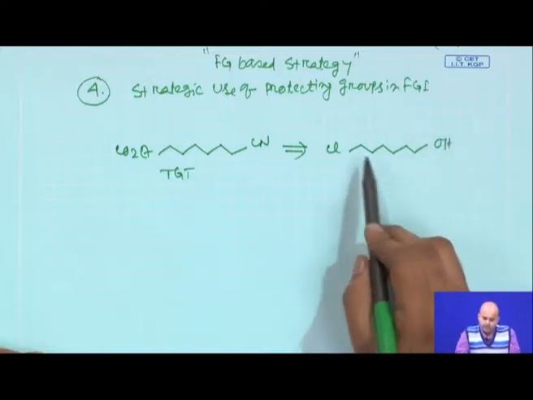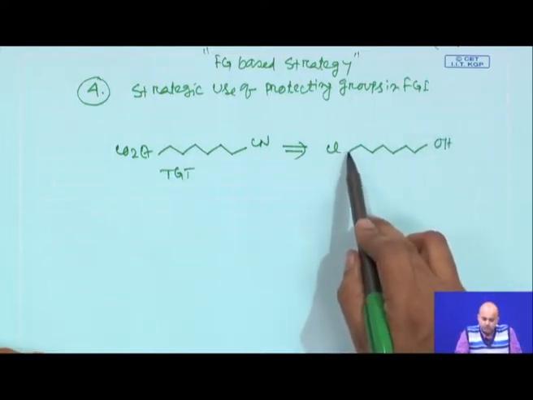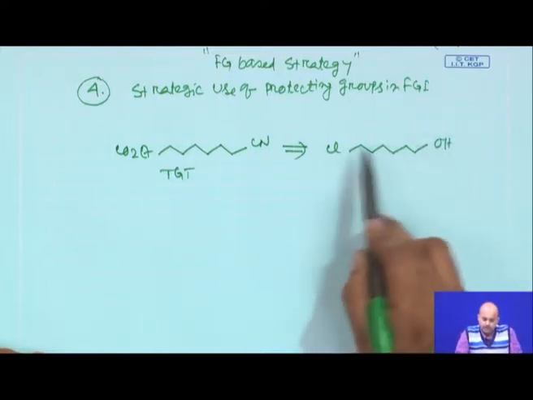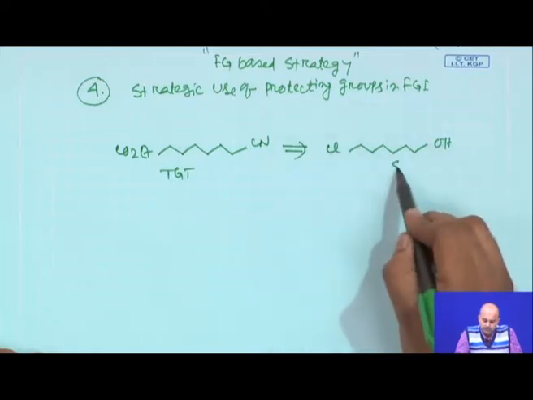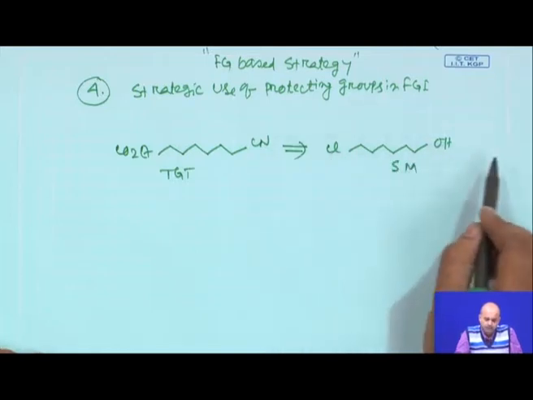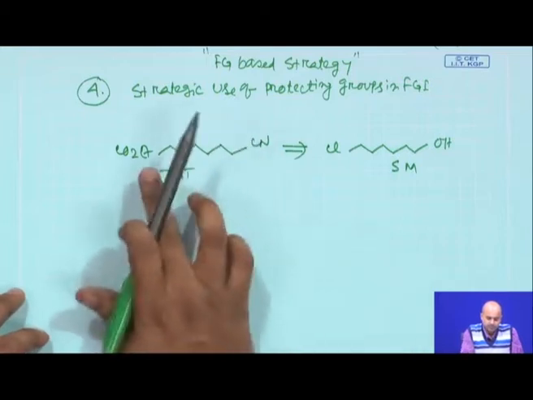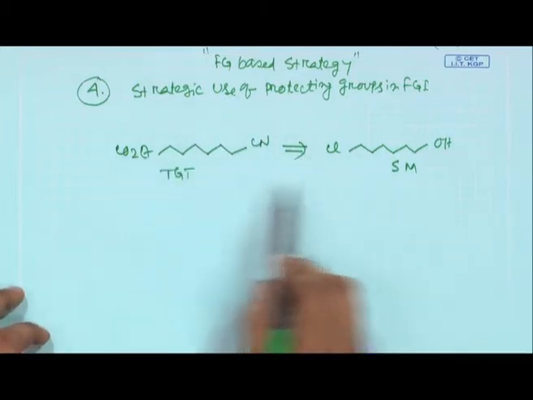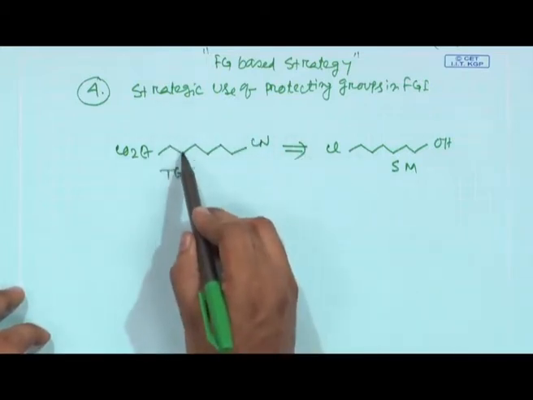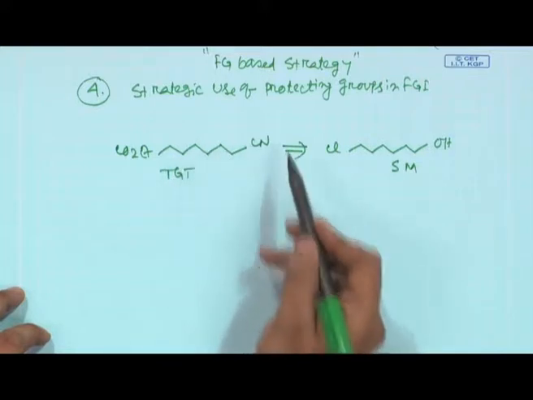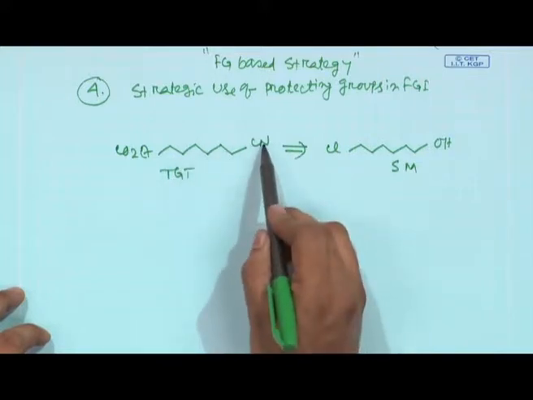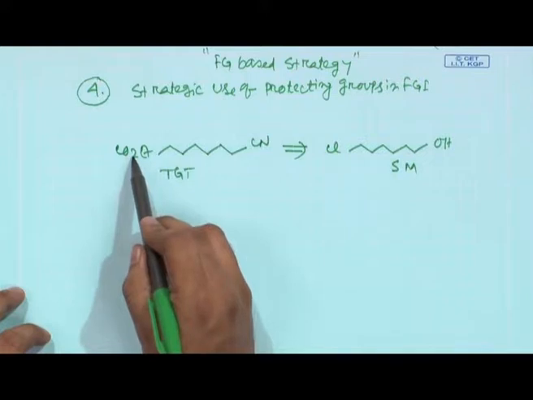If this chlorohydrin kind of compound 1, 6 is giving you a starting material, you have to basically prepare this compound. Now, if you try to correlate, the 6 CH2 groups are similar in between, only thing is one end you need to have a CN and this end you need to have a CO2Et.